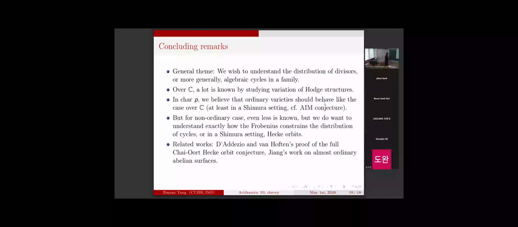And then the full Hecke orbit conjecture says that the Hecke orbit of Y, which is a point, is dense in the central leaf containing it.